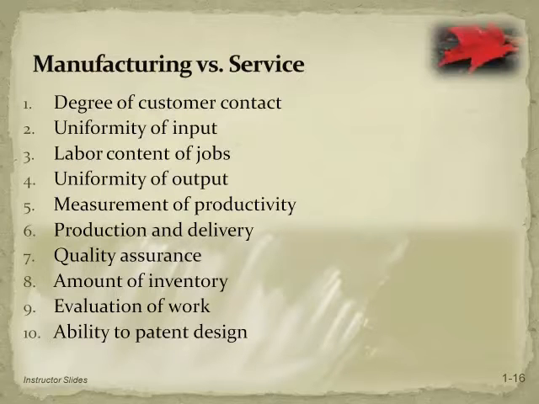The service industry generally has more labor involved than manufacturing. The uniformity of the output or the result is very tangible in manufacturing, whereas in service it can be quite intangible at times. How we measure productivity is one of the critical operations management measures we'll talk about in the second chapter. Typically it is more straightforward in manufacturing than it is in service.